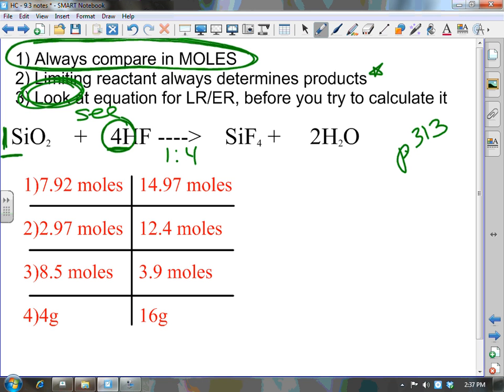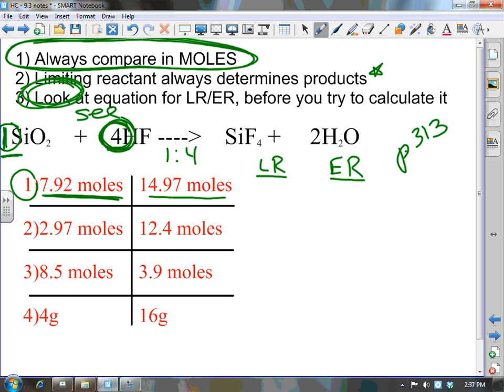What if, in the first example, I had 7.92 moles of SiO2 and 14.97 moles of HF. I'm asking what is the limiting reactant, and what's the excess reactant? The reaction says I need to have 4 times more HF than SiO2.